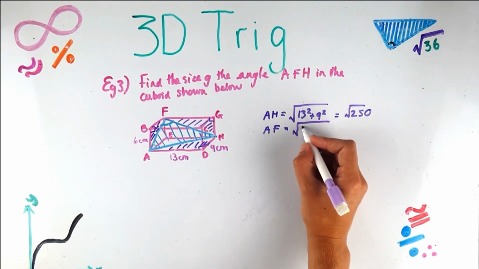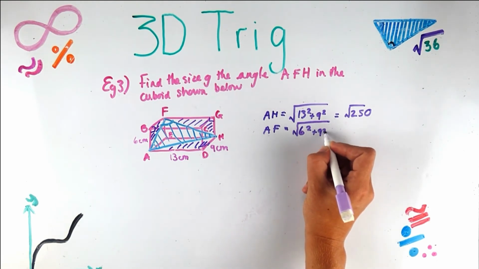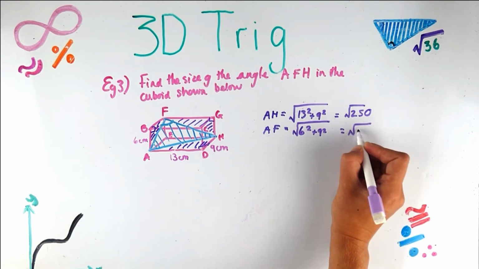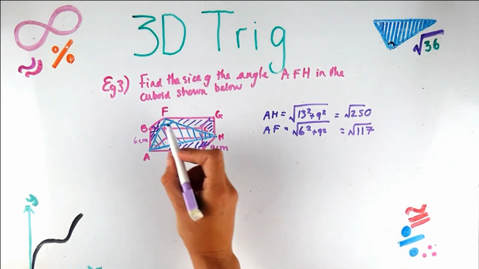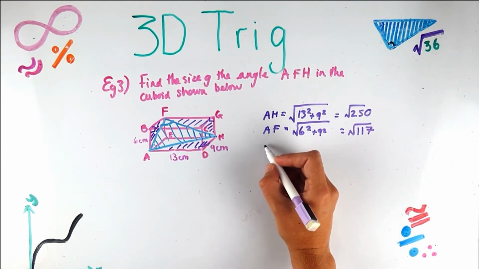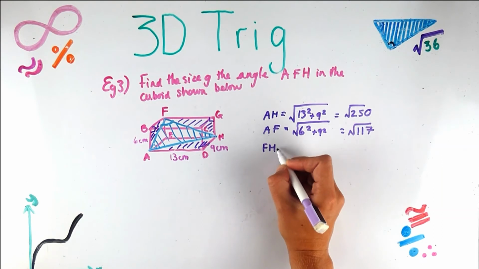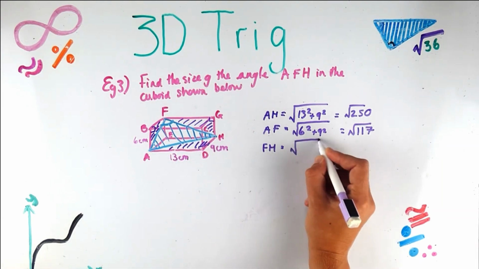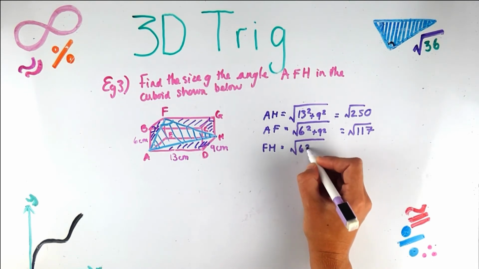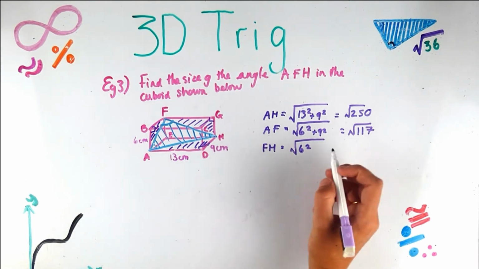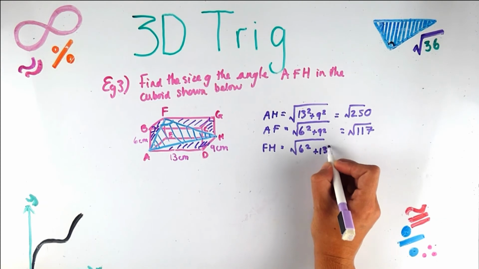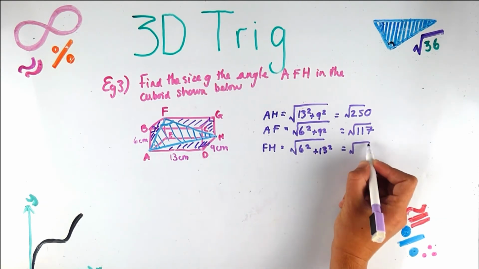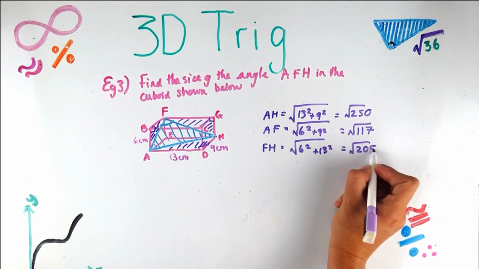That's going to equal the square root of 6 squared plus 9 squared, which equals the square root of 117. And then finally, we've got FH. Again, it's the hypotenuse, and it's going to equal the square root of 6 squared, which is this one here, plus 13 squared. That's going to equal the square root of 205.